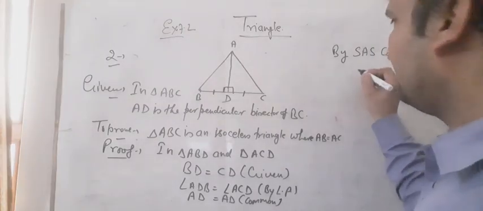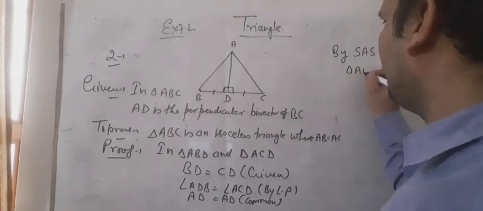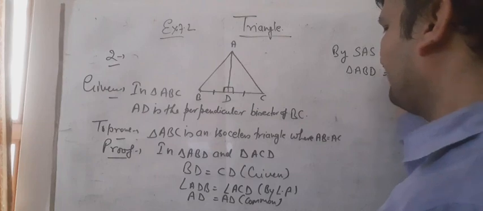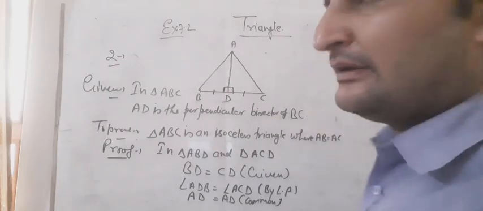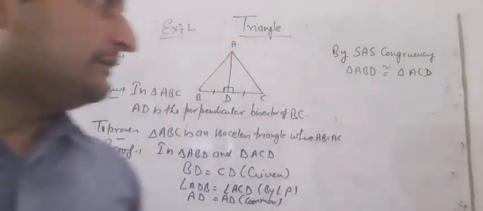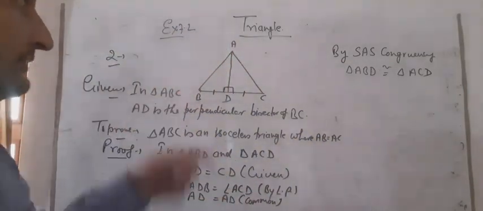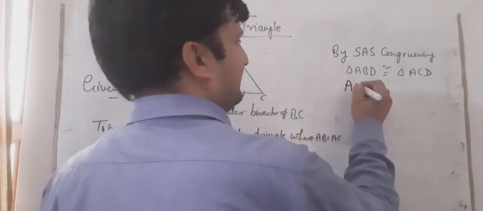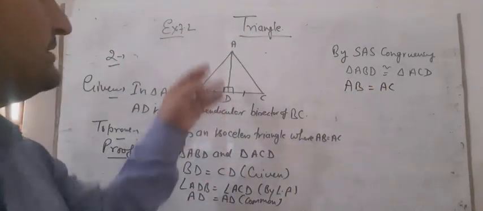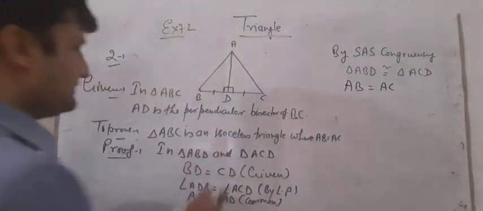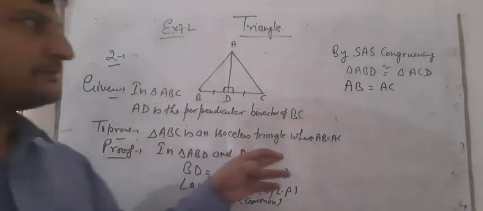Student, we can say that triangle ABD is congruent to triangle ACD. These both the triangles are congruent, it means we can say that AB is equal to AC. AB is equal to AC means both the sides are equal, and ABC is an isosceles triangle.